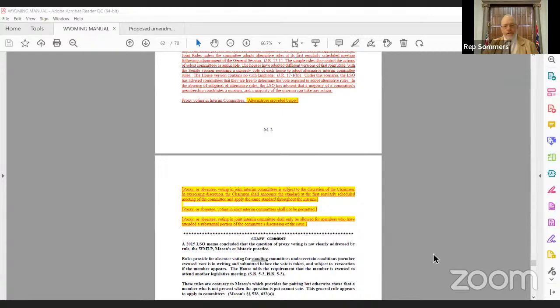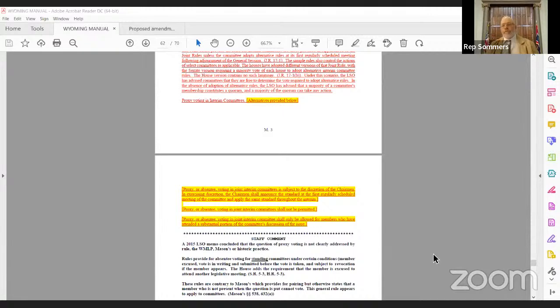And the third one now would be absentee voting in joint interim committee shall only be allowed for members who have attended a substantial portion of the committee's discussion of the issue. Obviously that could also be at the chairman's discretion, if you wanted to have another option.